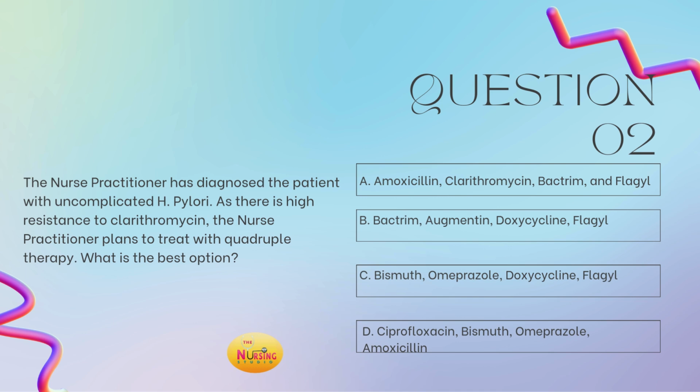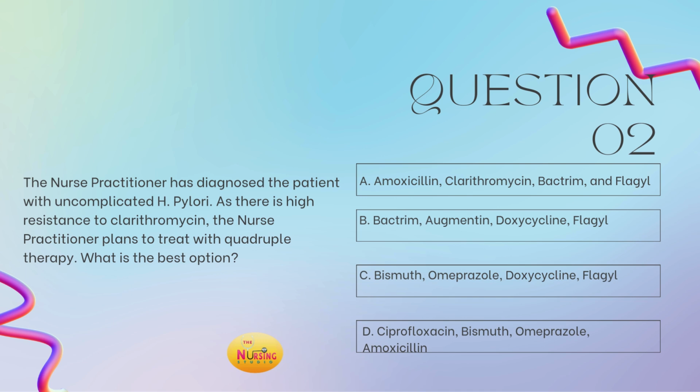All right, so here the stem of the question is, what is the best option? So what are we providing options to? Still here, we're talking about treatment, because the patient has come in and has been diagnosed with uncomplicated H. pylori. Just like with anything else, we treat based off of the severity.